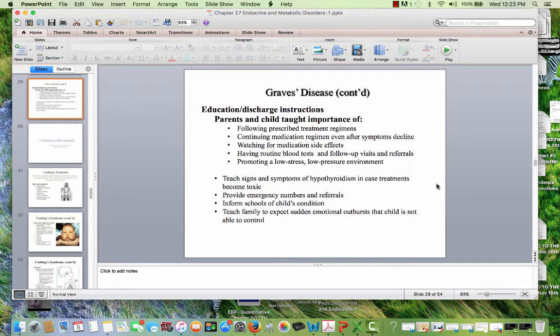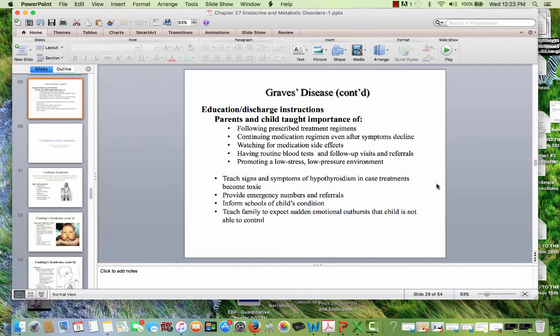So you want to say that might happen, but stress how important it is to continue with the treatment as ordered. They're going to continue to have routine blood tests, follow-up visits and referrals. And you really want to promote a low-stress, low-pressure environment for these young people. That's true for all of us; stress just exacerbates the situation.